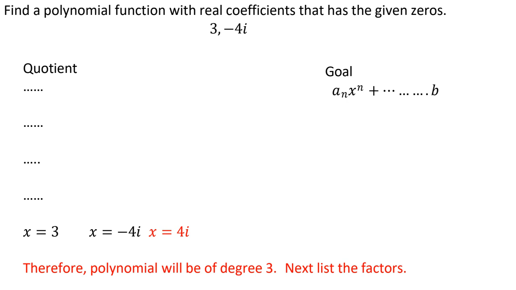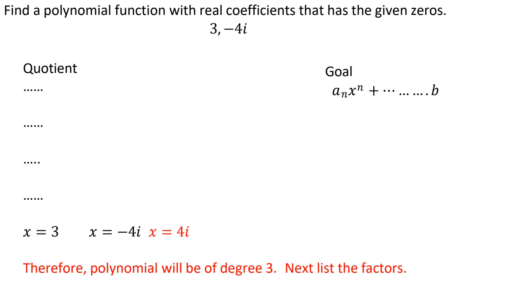The factor of 3 is x minus 3. Then they gave me the -4i, but since this is a complex number that came from a square root, it will always have its partner, the positive. Please keep that in mind. Even though they gave me just one of them, I know the second one in this case, which is the positive 4i.